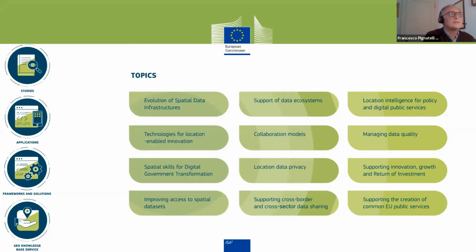You can see some topics there: evolution of spatial data infrastructure, technology for location-enabled information, spatial skills for digital government transformation. So these are all types of topics that we have followed during the process. I will invite Lorena also to the next slides.